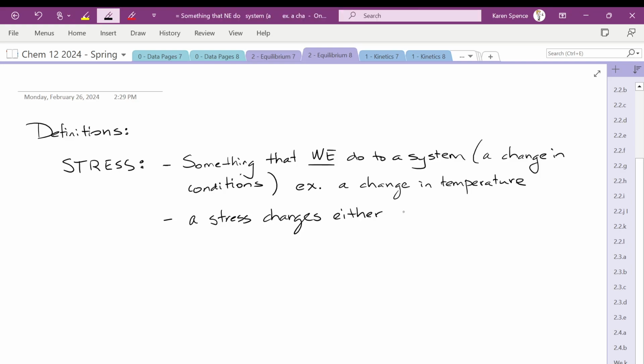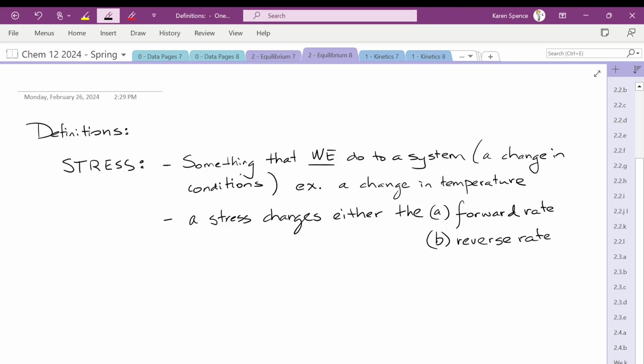So a stress changes either A, the forward rate, B, the reverse rate, or C, what else could it do? It could change the forward rate, or the reverse rate, or both rates.